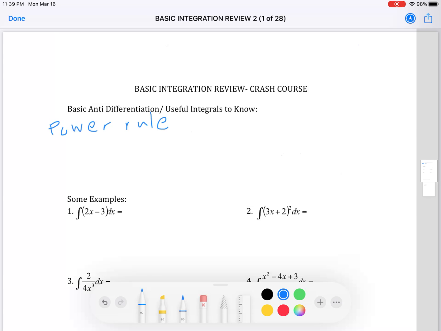So if I have the integral of something like a coefficient x to some exponent that we'll call n, what we want to do is add 1 to the exponent.